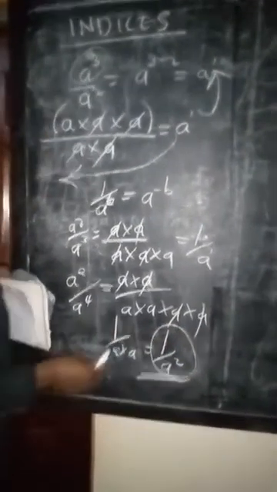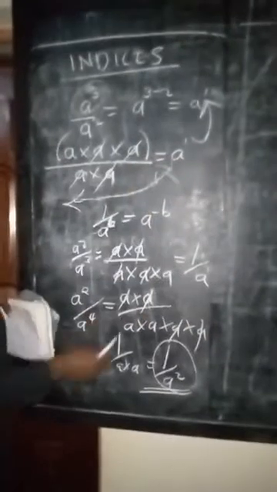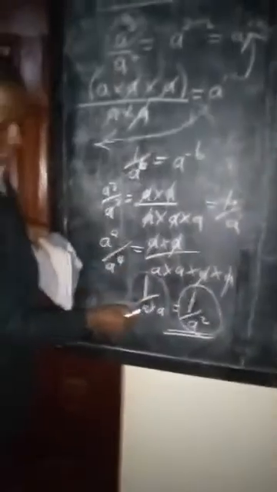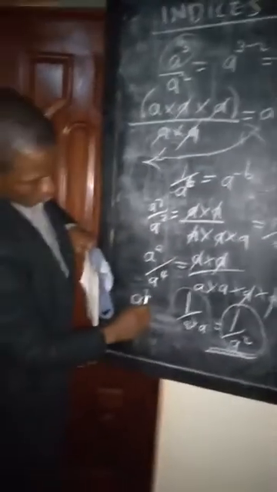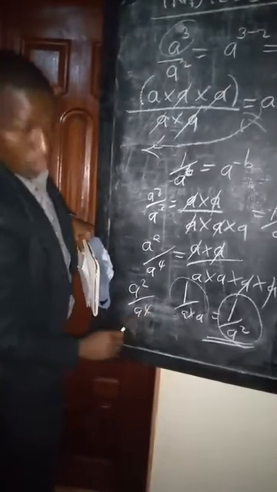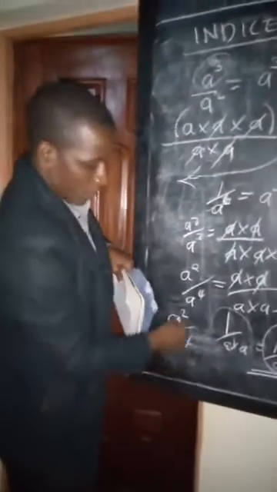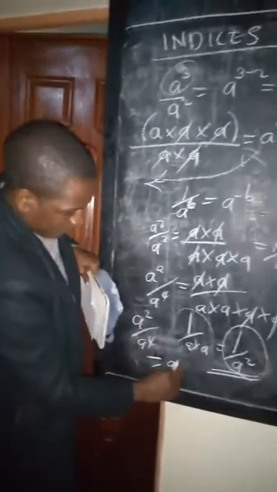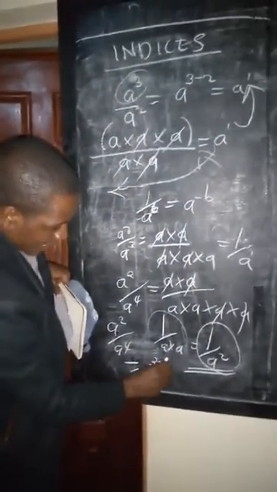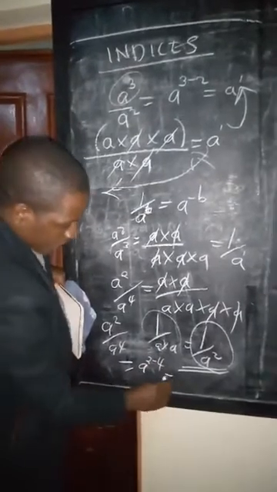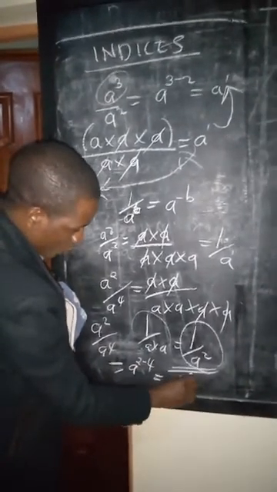Now if we apply the quotient rule in such an equation, where we have a power 2 divided by a power 4, because the bases are the same, we just need to subtract the powers. This gives us 2 minus 4, which is a raised to power negative 2.